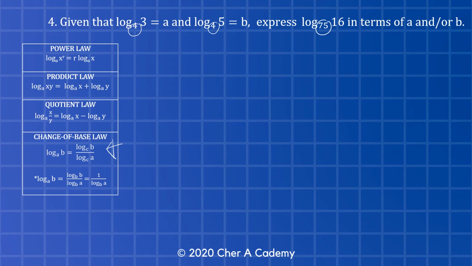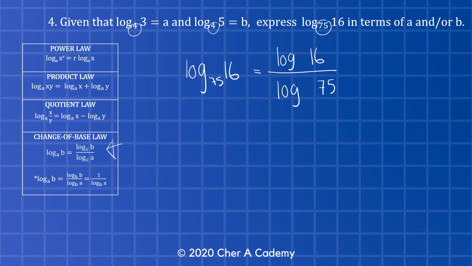Okay, so let me change it up. Log base 75 of 16 first. Okay, so the change of base law tells me that 16 will go on top and 75 will go below.